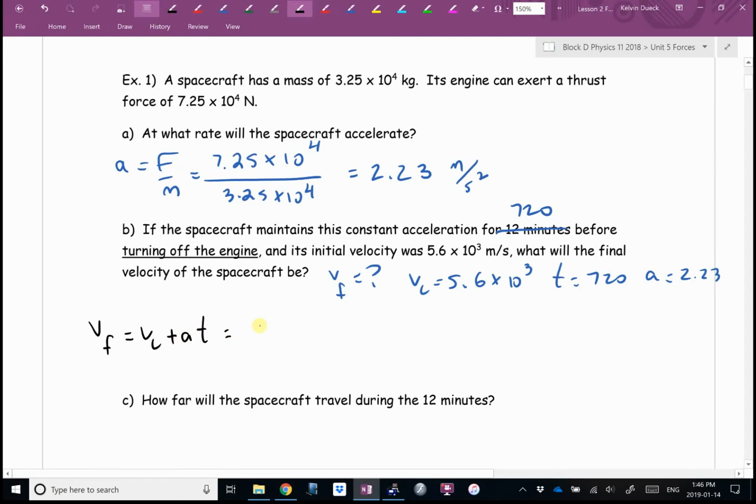So VI is 5,600. That's what 5.6 times 10 to the 3 is, but that's easier to type. Plus A. I'm going to write 2.23, but I'm going to use my answer button on my calculator.